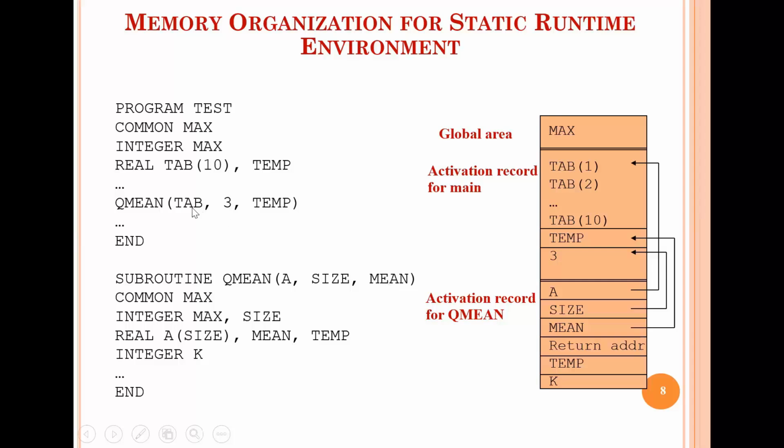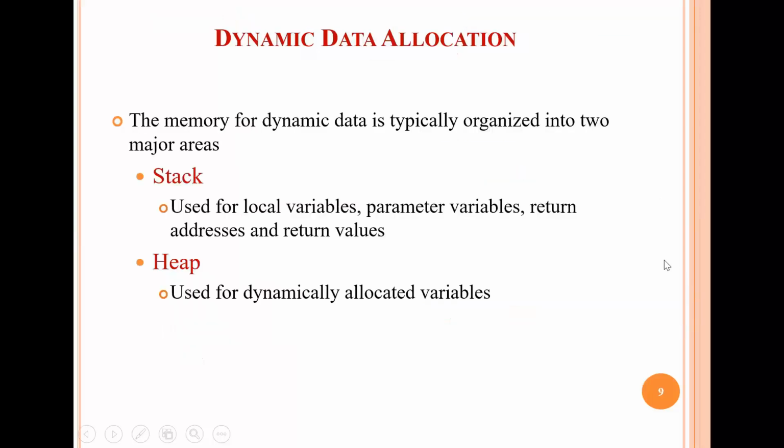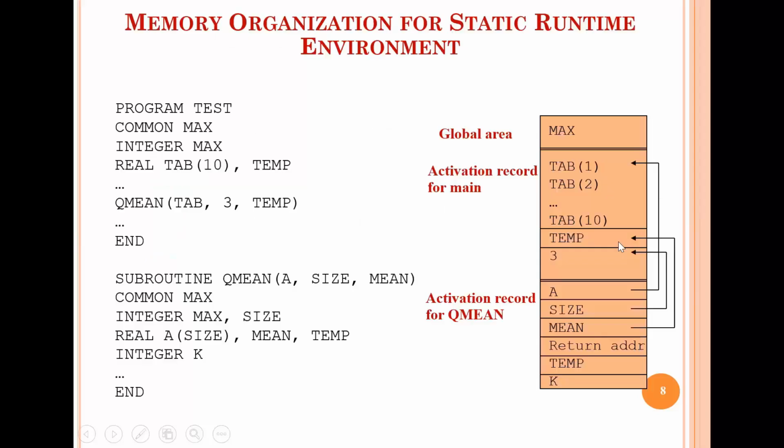When we declare these parameters, qmin is called with tab, so tab will be matched with a, size will be mapped with 3, and mean will be mapped with temp. This temp means temporary variable, or a temperature, or whatever the user has defined.